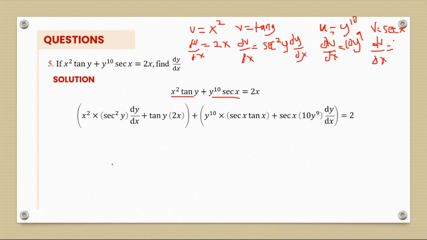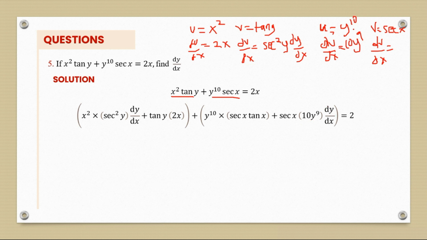So when we apply the product rule there, for this pair here, u is x squared, and then dv dx is sec squared y dy dx, plus the v value is tan y, times the value of du dx, which is 2x. Then for this pair, u is y power 10, and then dv dx is sec x tan x, just as I've said, plus we have v is sec x, and then du dx is 10 y power 9.